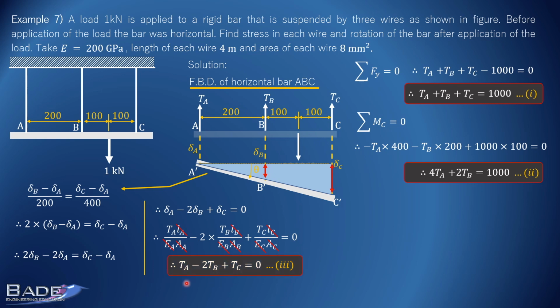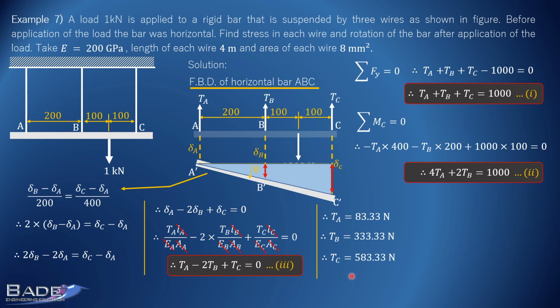So finally we have arrived at this equation. Now we have three equations with the same three unknowns. We'll solve these three equations simultaneously, and the answers are TA, tension in wire A, 83.33 Newton, TB, 333.33 Newton, and TC, 583.33 Newton.